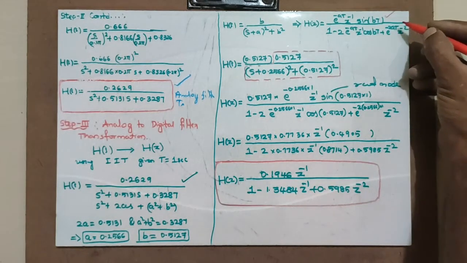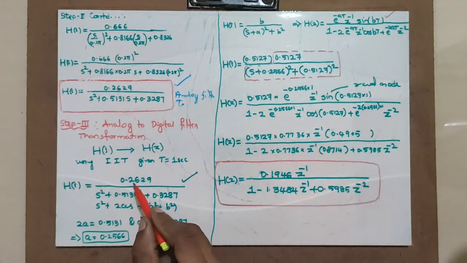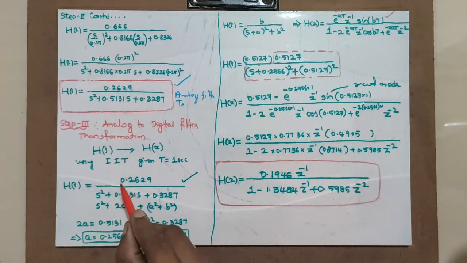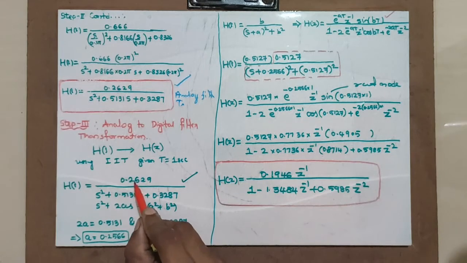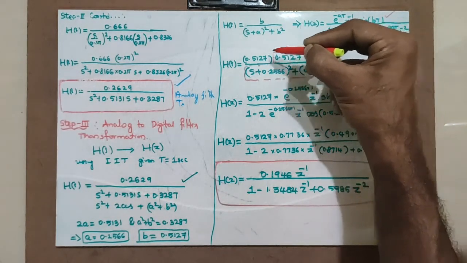Please note this constant conversion. Many students have gone wrong in the assignment given. 0.2629 is there, but I want not 0.2629 but a constant b there. That conversion becomes very important.